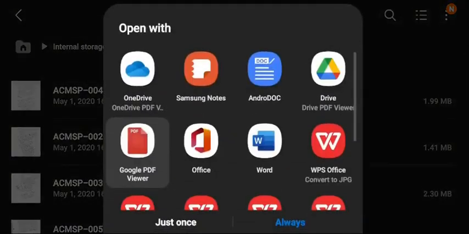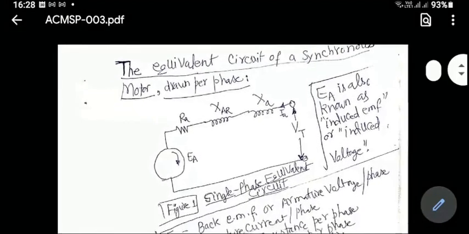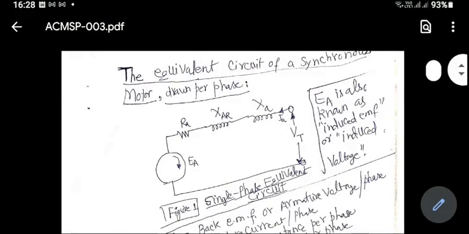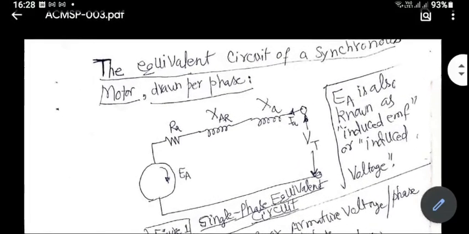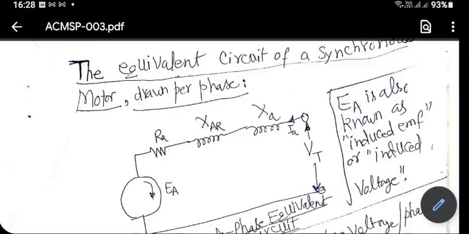Now, some solved problems. Before we go to solving numerical problems on synchronous motors, let's revisit the equivalent circuit once again. These are the symbols I'm going to be using. The back EMF I will be denoting by EA. The terminal voltage will be denoted by VT.